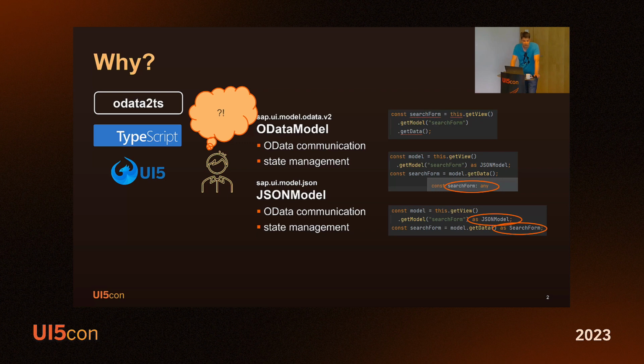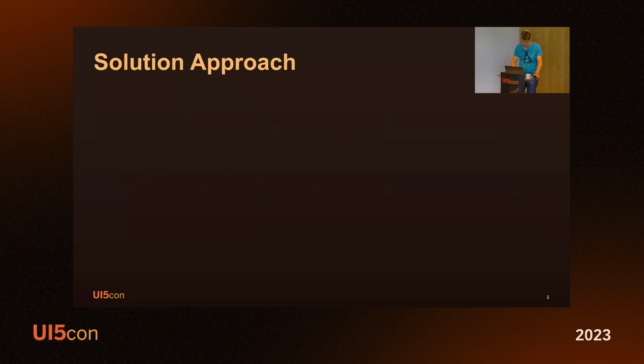But at that point, you're always explicitly doing stuff, which is not the best way. You don't even know if it's a JSON model, if it's an OData model. That typing is also lost, as well as anything you put into that model.